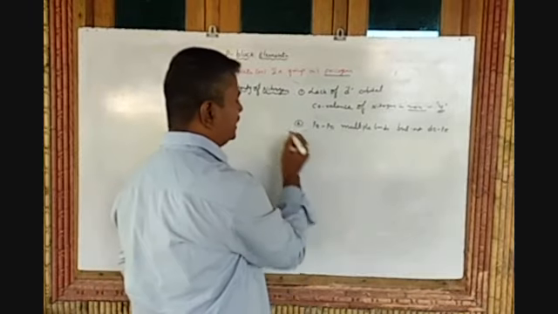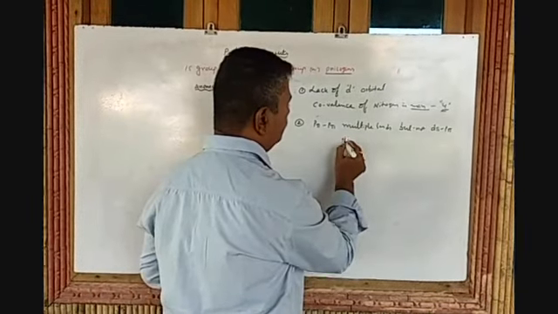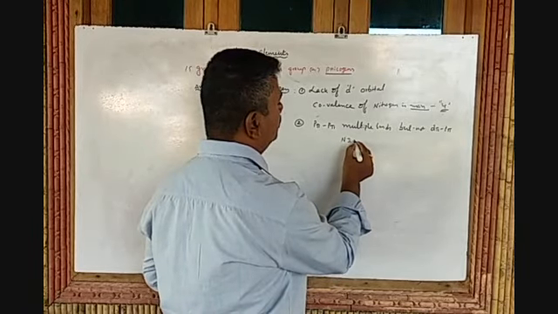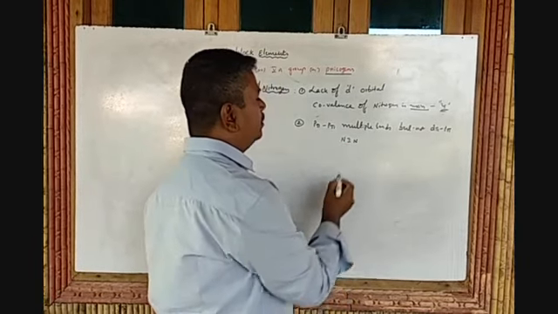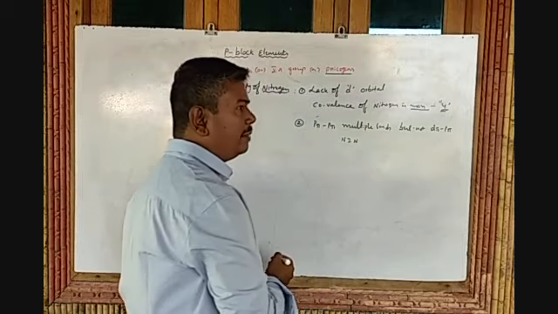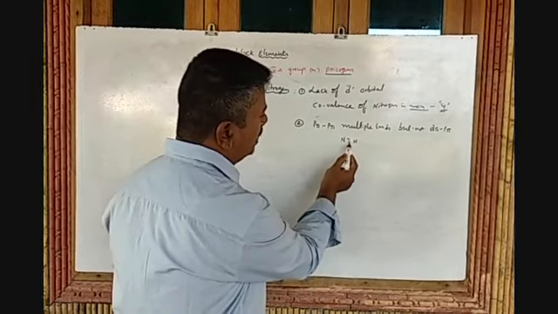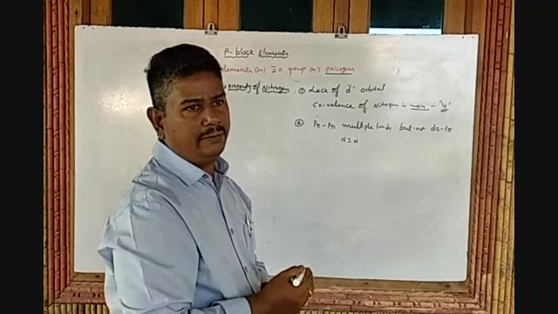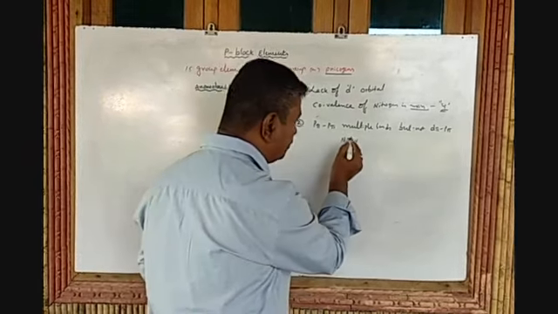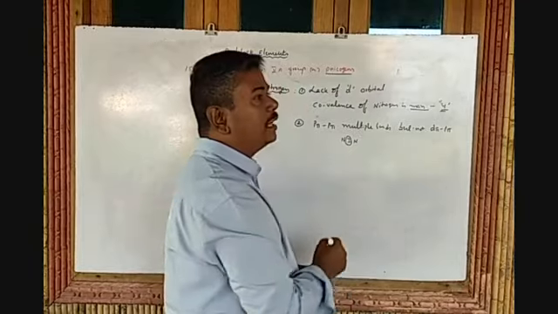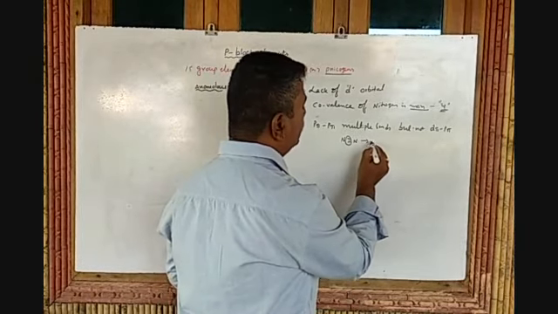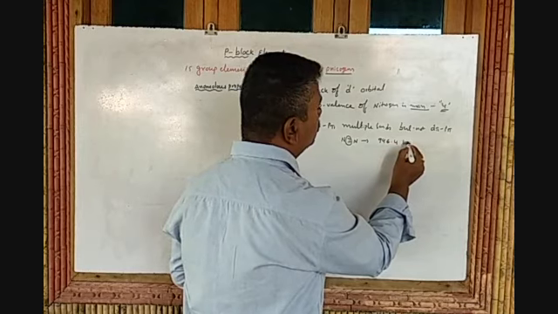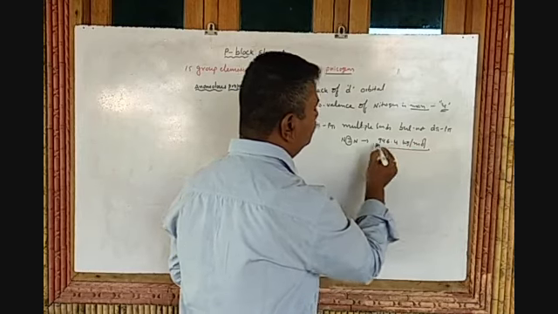In which one? Nitrogen. That means nitrogen has a multiple bond, that is a triple bond. That means one sigma bond and two pi bonds. These two pi bonds are formed due to pp side-wave overlapping, and due to this triple bond, the bond enthalpy is also maximum, that is 946.4 kilojoule per mole.